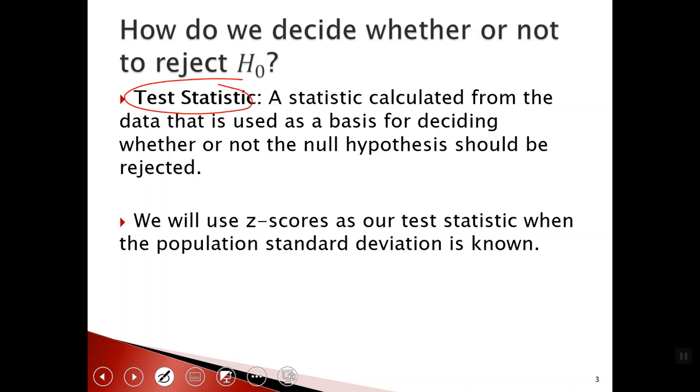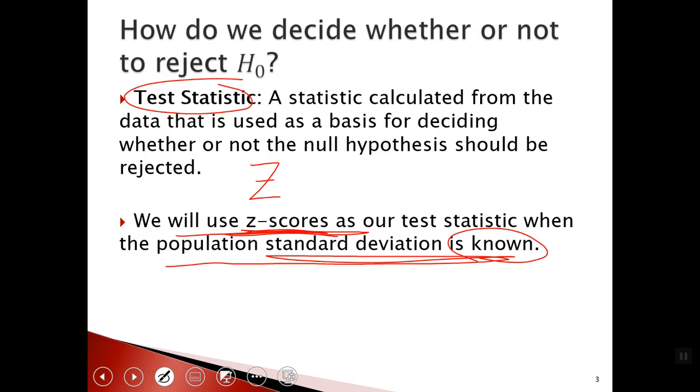For this case we will use Z scores. Simply this is the test statistic. If you remember, we call it Z, capital Z. So we use Z scores to get the values. And again, population standard deviation is known.